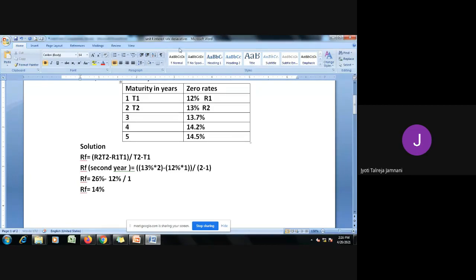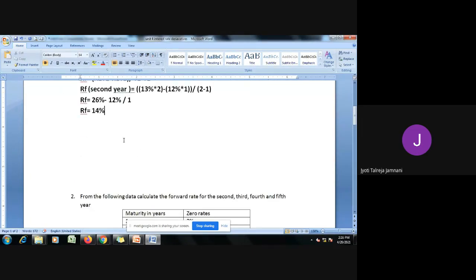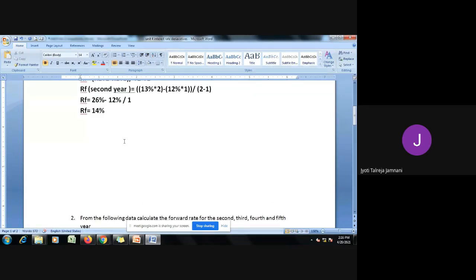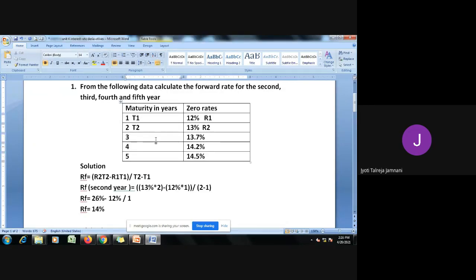Now they have told you to do it for the second, third, fourth, and fifth year. So let's do it for the third year now. I'm finding RF for the third year. Now listen to me. We are doing RF for the third year.